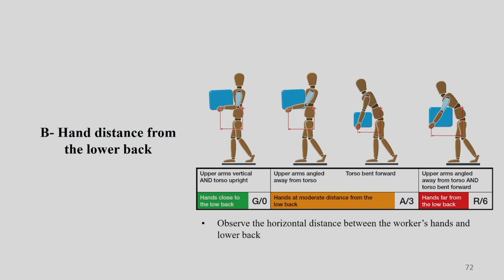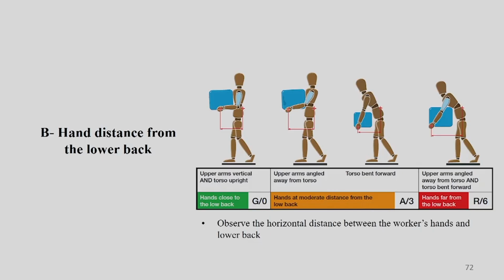If you are very close, your upper arm remains vertical, you are holding the object very easily, it is very close to you, and the torso is upright. You are standing or walking with that particular load very straight. So with the hand close to your lower back, the color is green and the value is 0.